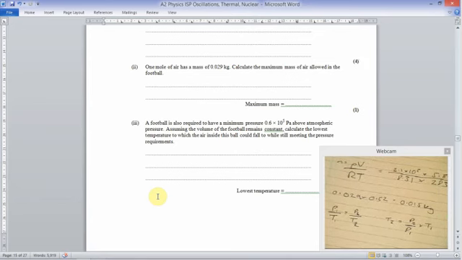Remember, this is going to be your 1.6 times 10 to the 5, 2.1 times 10 to the 5, and that's going to be your 10. Okay, so it's 1.6 times 10 to the 5 divided by 2.1 times 10 to the 5 multiplied by 10.